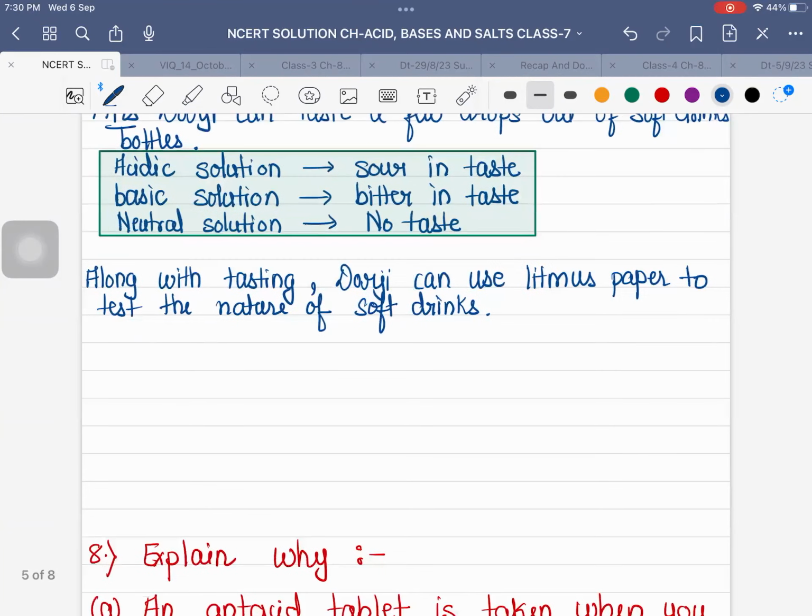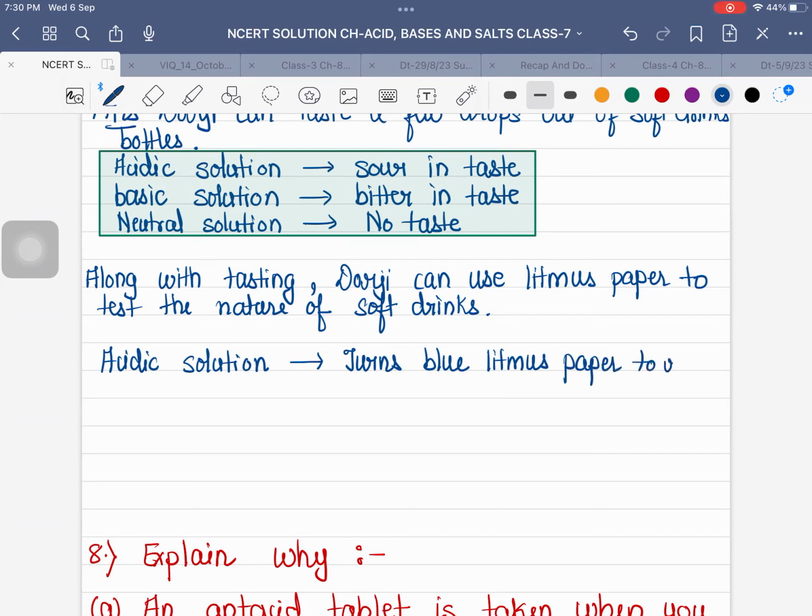So, in this one, acidic solution turns blue litmus paper to red color.